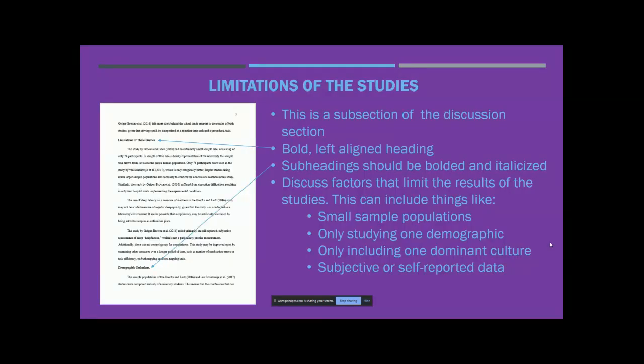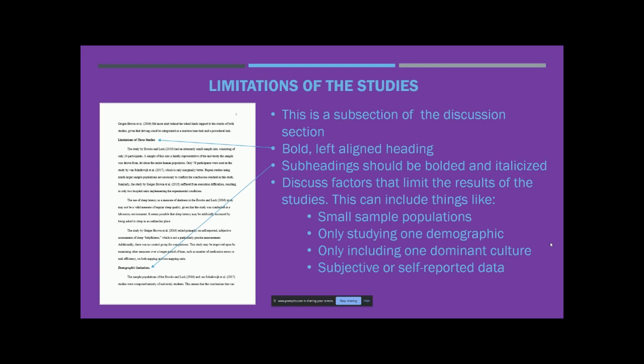So the limitations section, this is what it should look like. It is a subheading, so it won't be centered. It'll just be bolded. And in this section, you're going to talk about things that you think are weak about the study. So things like having a really small sample population, or only studying one demographic, like college students, or just women, or just doctors.